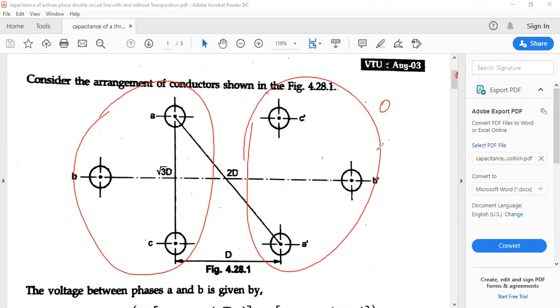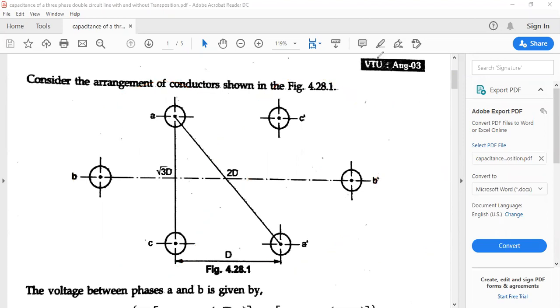So A, B, C, and the other way you will have A dash, B dash and C dash. Next you are going to find out the value of the capacitance, and the same steps that we followed previously for inductance are being highlighted here. So let me quickly run through it.